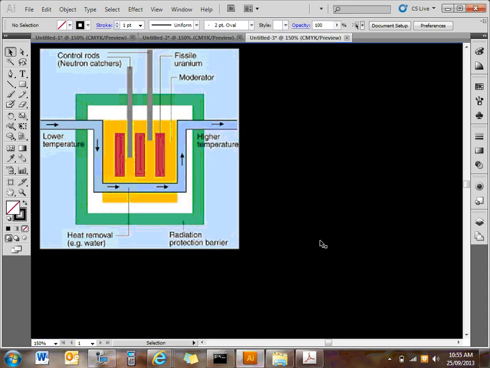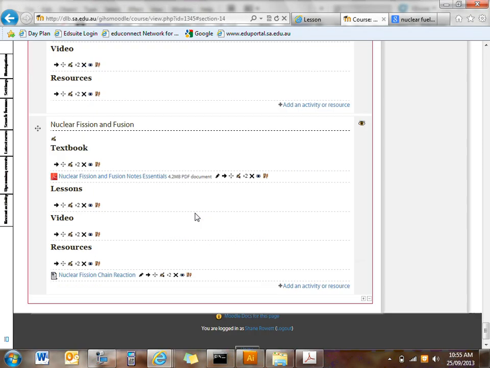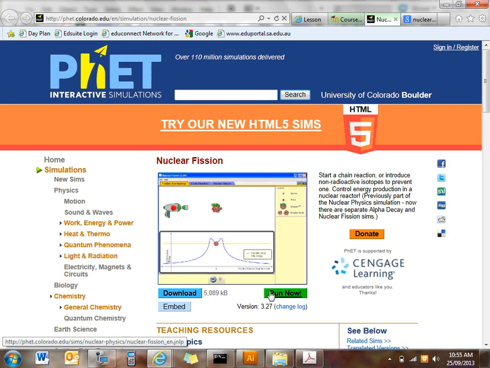Okay, let's have a look at something that I've put up on our Moodle. Here's a chain reaction occurring. This is from the University of Colorado PhET simulator.